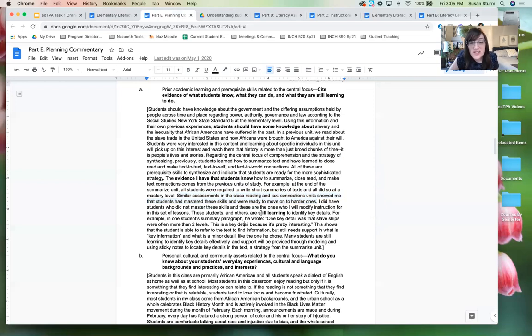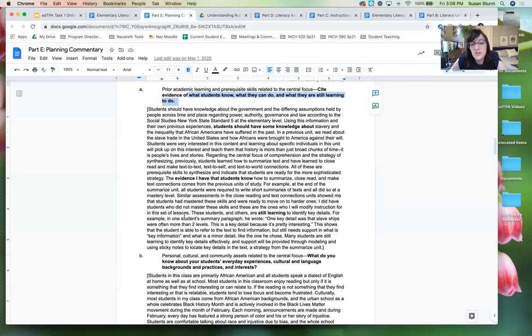These students are still learning. So notice in bold, we've got students have knowledge about, which is what they know. The evidence I have for what they know is the students are still learning. So they're going through each of the things that they're being asked in the prompt. So this evidence, the students are still learning to identify key details.